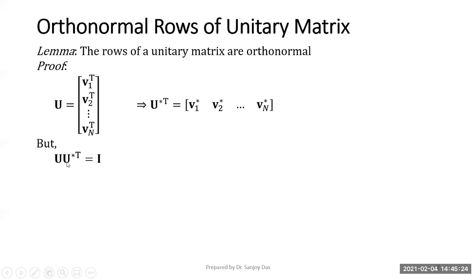But U U star transpose equals the identity matrix. This matrix and this matrix are inverses of one another, right? So I replace U with this and U star transpose with this. What do I get? V1 transpose, V2 transpose, dot, dot, dot, Vn transpose times V1 star, V2 star, dot, dot, dot, Vn star must be equal to I.